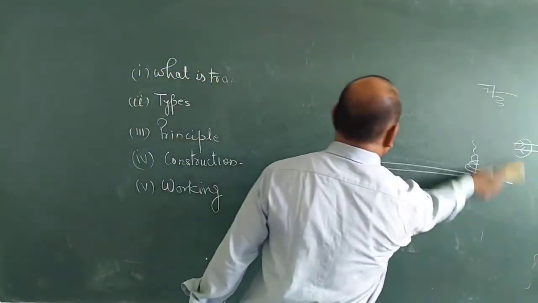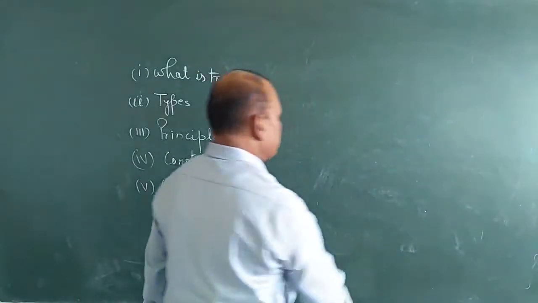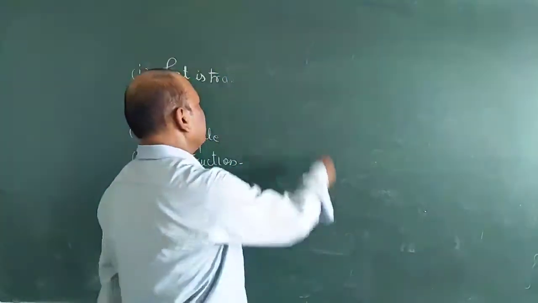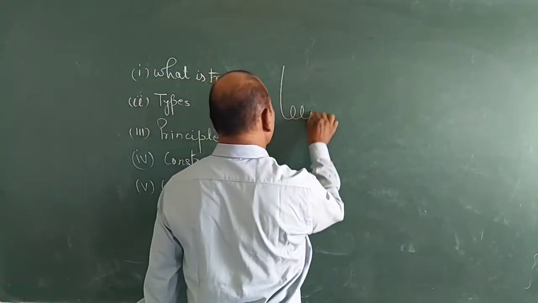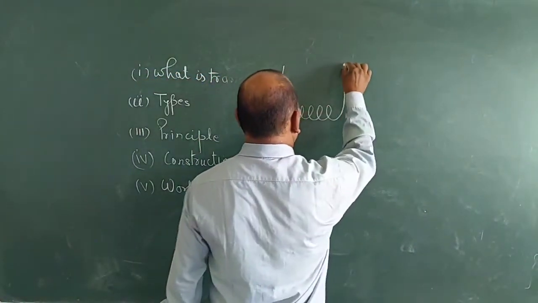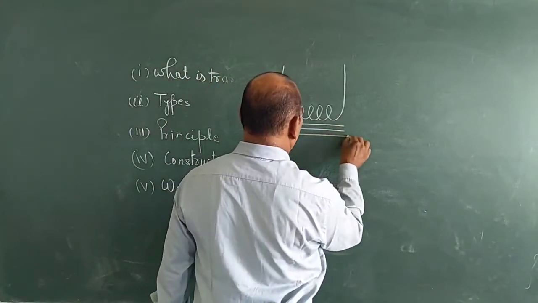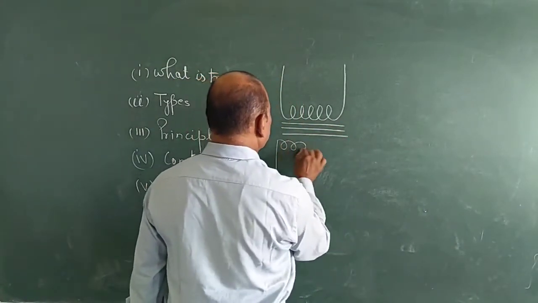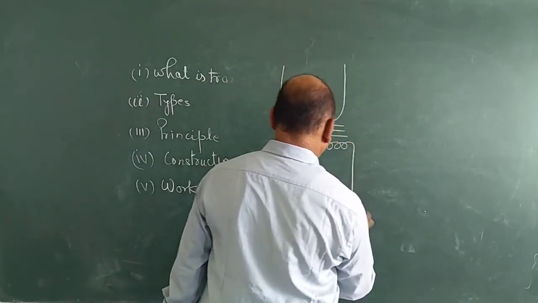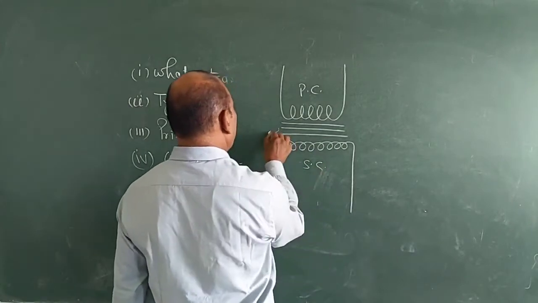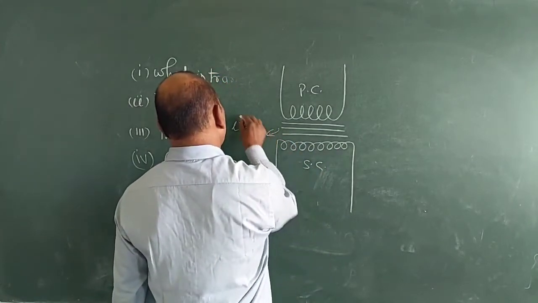Now, the symbol of a transformer in a circuit. Here, this is the symbol. This is the primary coil. We have here three parallel lines, and this is the secondary coil. Primary coil, secondary coil, and this is called the iron core.